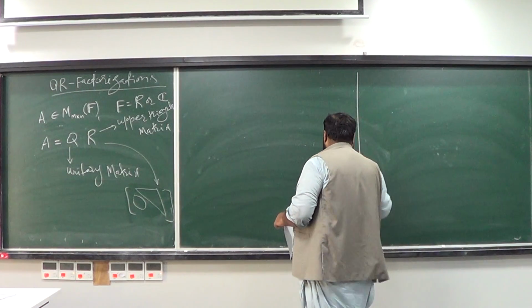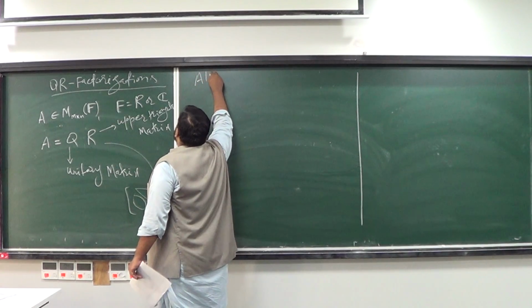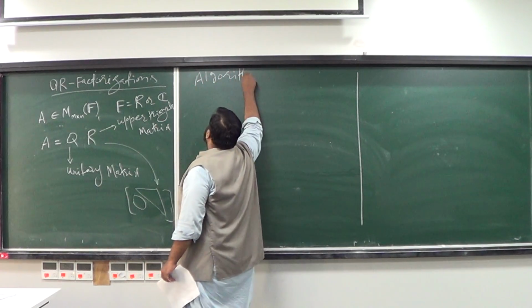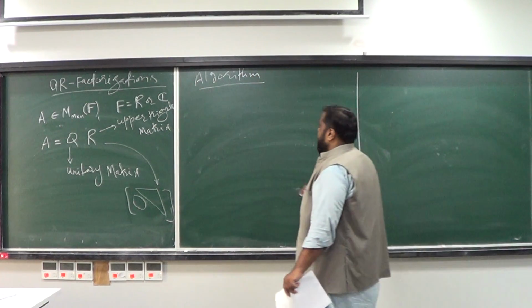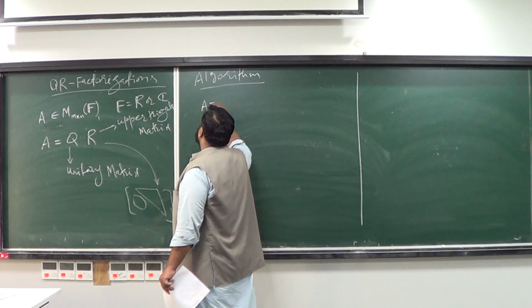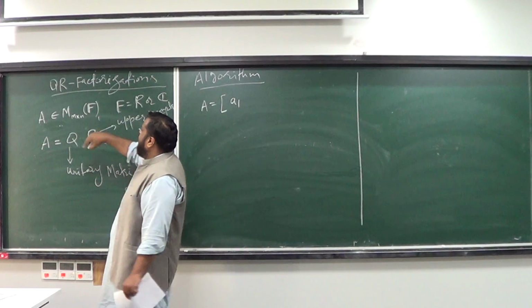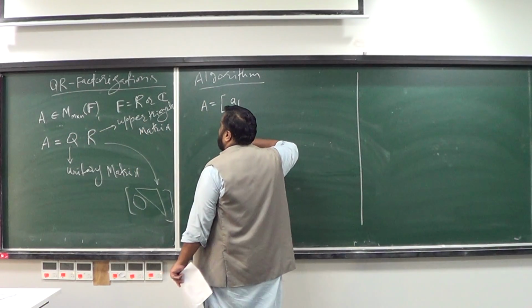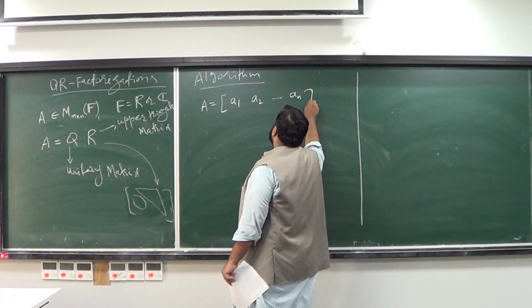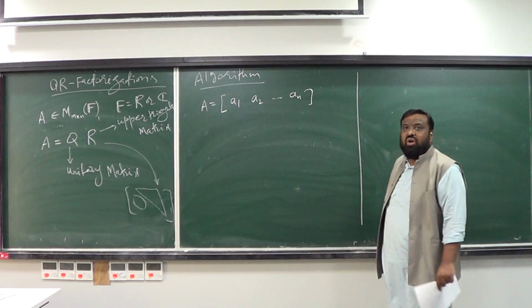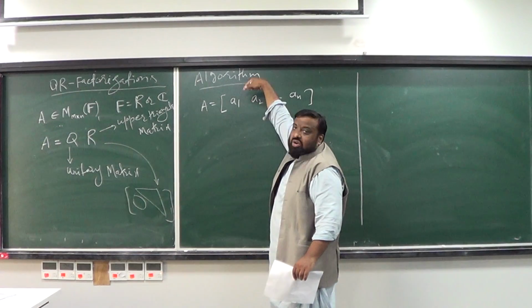So how does the algorithm work? Let me give you the recipe for the algorithm. Consider A a matrix with m rows and n columns, say A1, A2, up to An represent the n columns of the matrix A. These are not numbers, but column vectors.